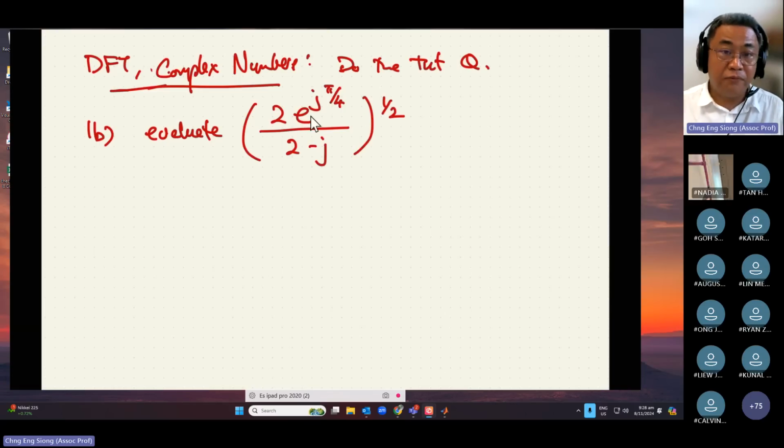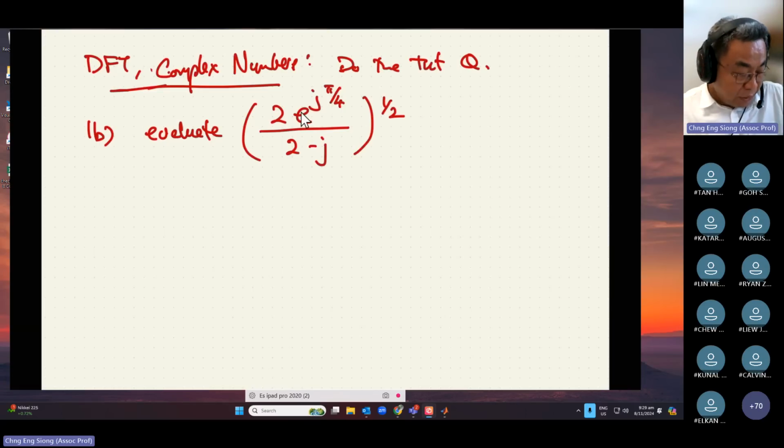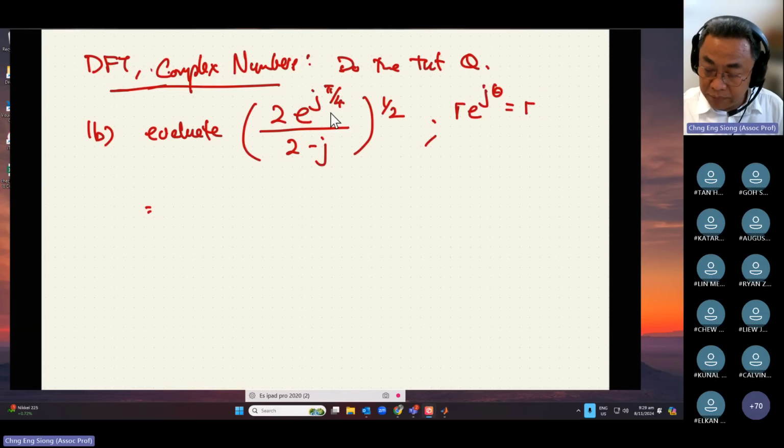So to perform division, remember this notation. I'm lazy, so I always write R e^(jθ) as R angle θ, just a shorthand so that I don't need to write e^j.